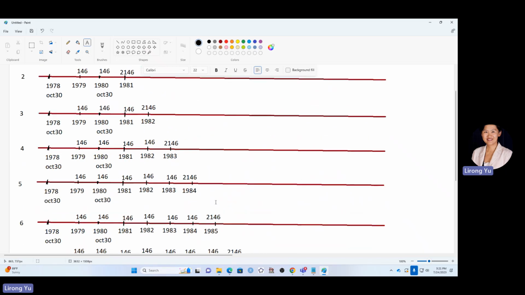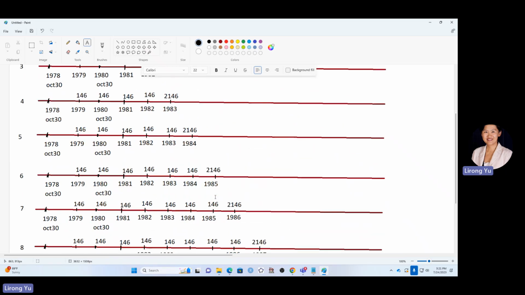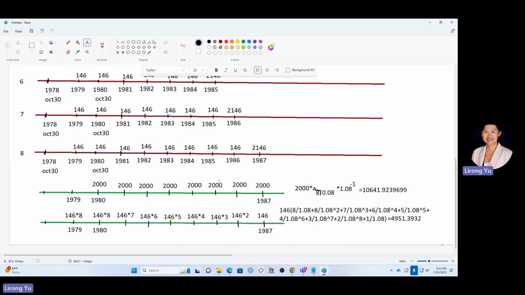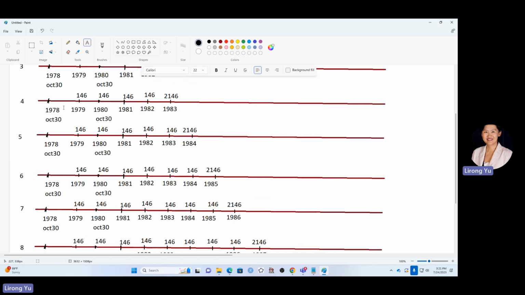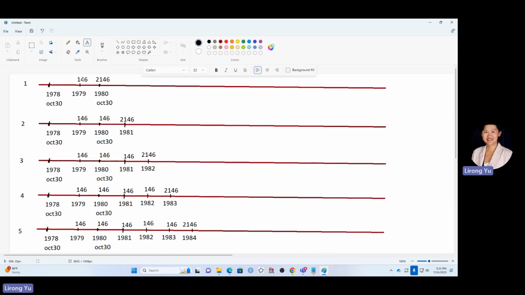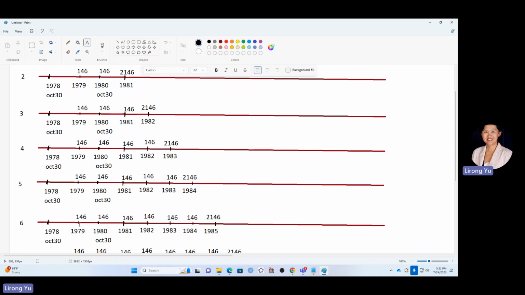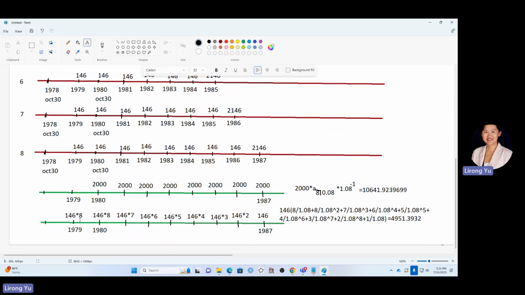So I looked for a way to separate them into an easier calculation format. If this person holds all eight bonds, the cash flows for all 8 of them can be combined. The coupon for 1979 is 146 for each bond, so the total is 146 times 8.